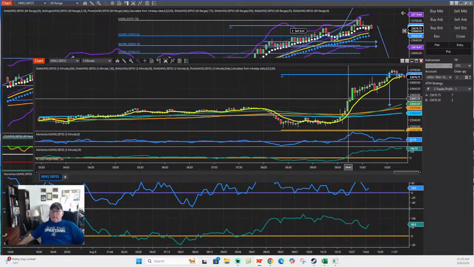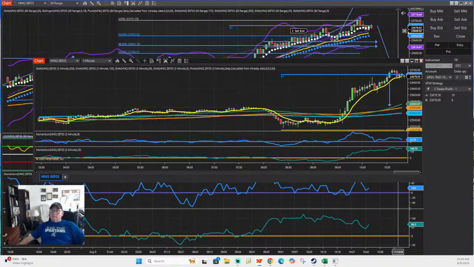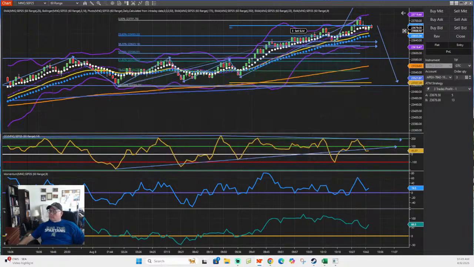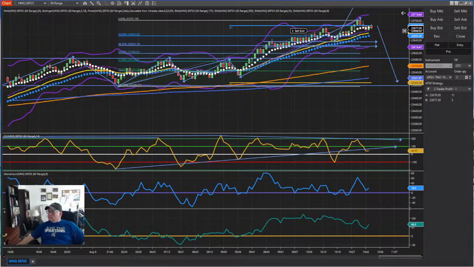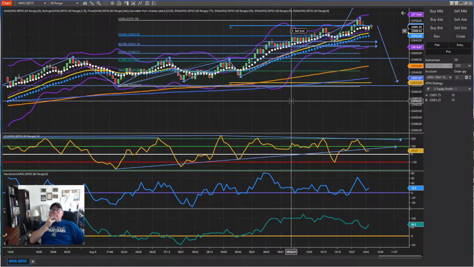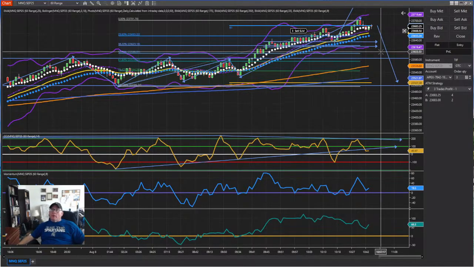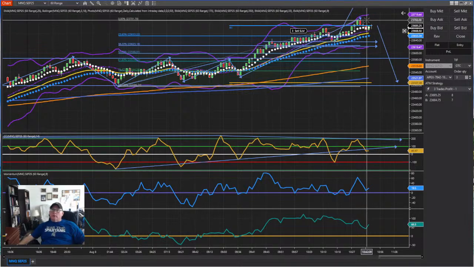This is an interesting area right there. 603, the 600 line. If the market gets above this, we're closing out our signal.